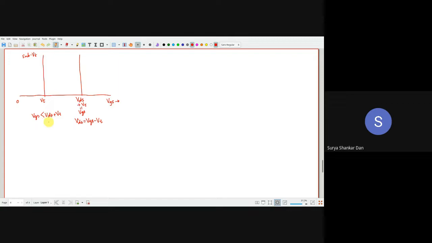All right. So what do we get from here? VDS is greater than VGS minus VT. I'm speaking about this region here. So what is this region? Saturation. Very good. So this is obviously linear now.